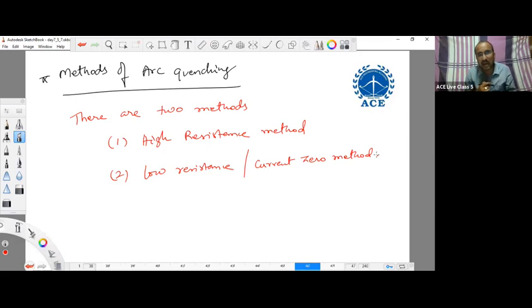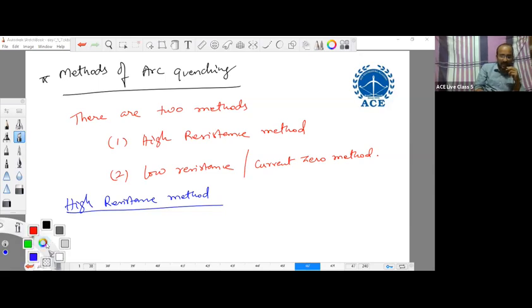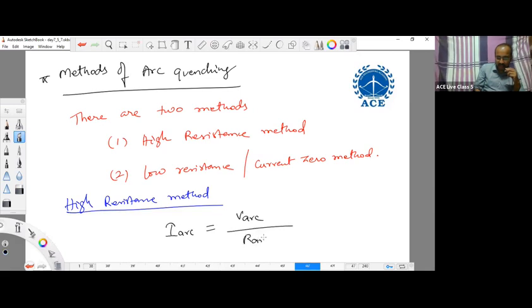So how will the arc be quenched according to this high resistance method? Now let us analyze this method. What is the equation for arc current? Arc current is nothing but voltage across the arc divided by arc resistance.